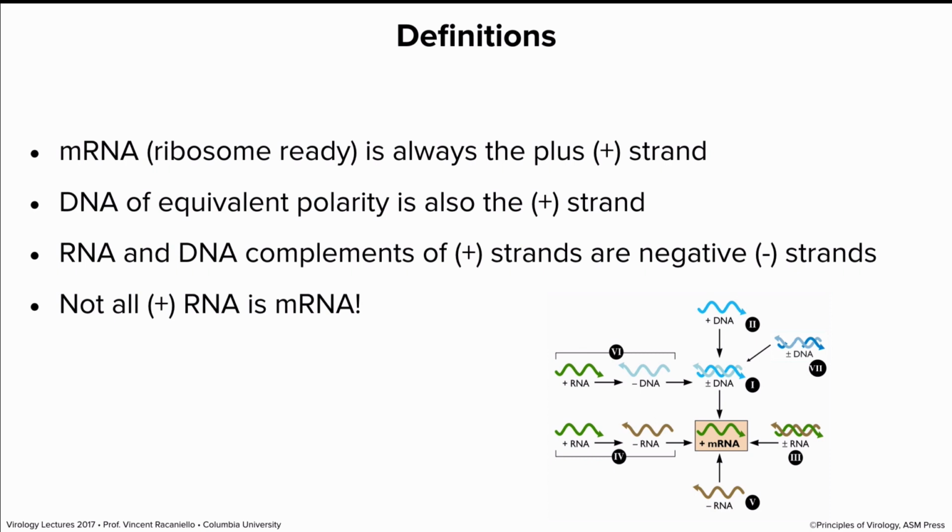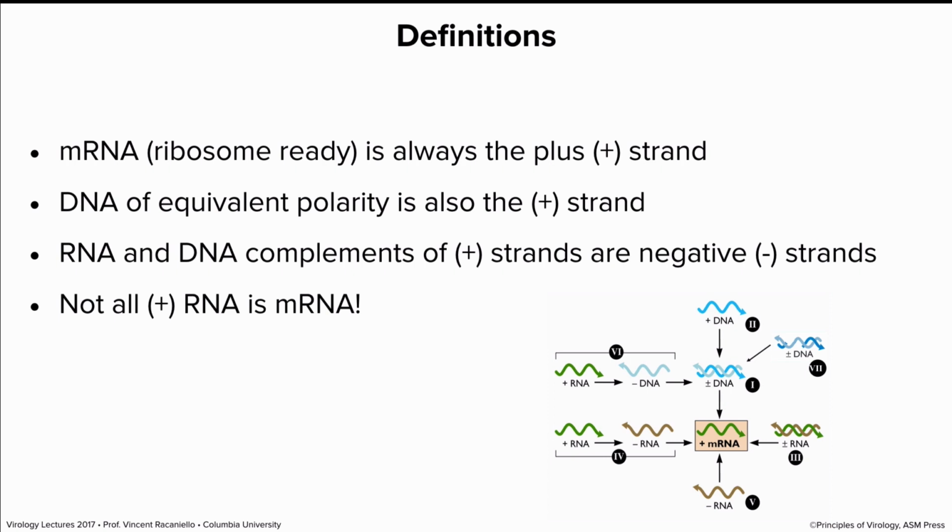And then DNA of equivalent polarity is the plus strand of DNA. The equivalent polarity of DNA, all right, not the opposite. RNA and DNA, they're complements of plus strands or negative strands. Okay, it's very simple. And that will now make the chart much easier for you to understand. And I just want to warn you that just because you have a plus RNA in a virus doesn't mean that it's going to be translated, all right?